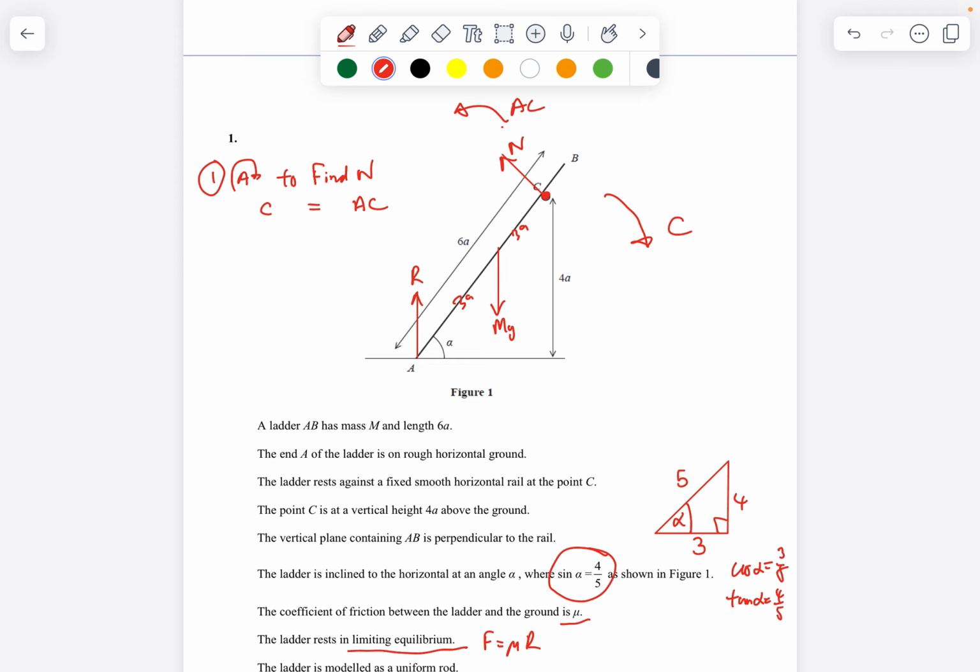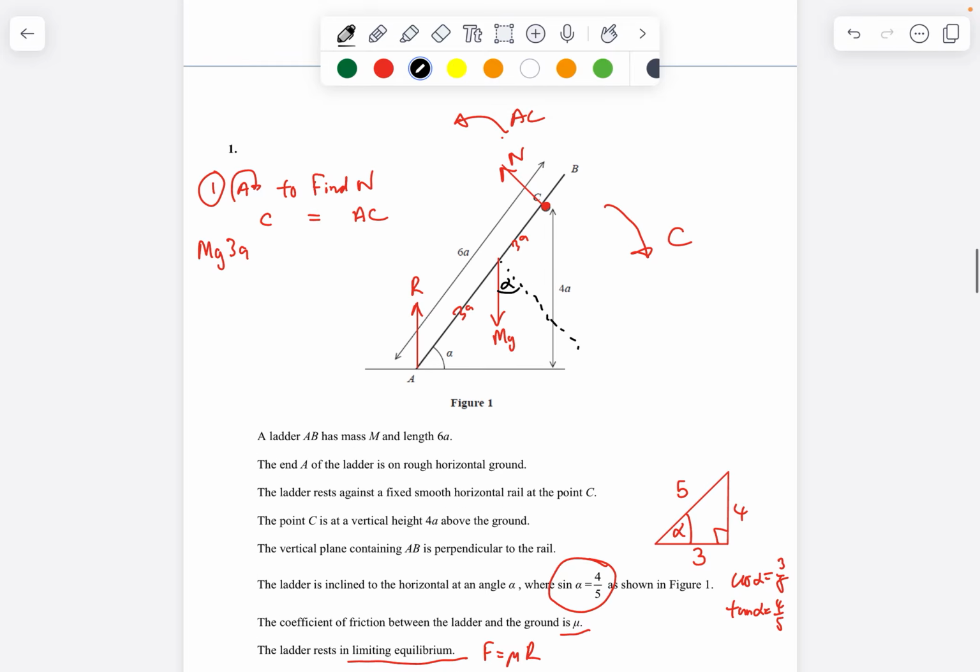That means I've got mg times 3a, the distance from the pivot, and then this weight is not perpendicular, so I'm going to put this here. I know that that is alpha. So that means I've got mg 3a times cos alpha. And anti-clockwise, all I've got is my reaction force, which is 5a from my pivot. So that's 5a times N.